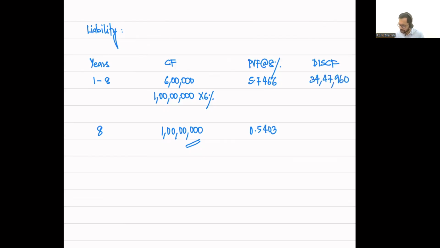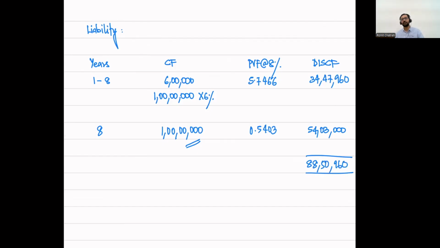And for the 8th year, it will be 54 lakhs 3,000 rupees. The discounted cash flow total will be equal to 54,03,000 plus 34,47,960, which is equal to 88 lakh 50,960.